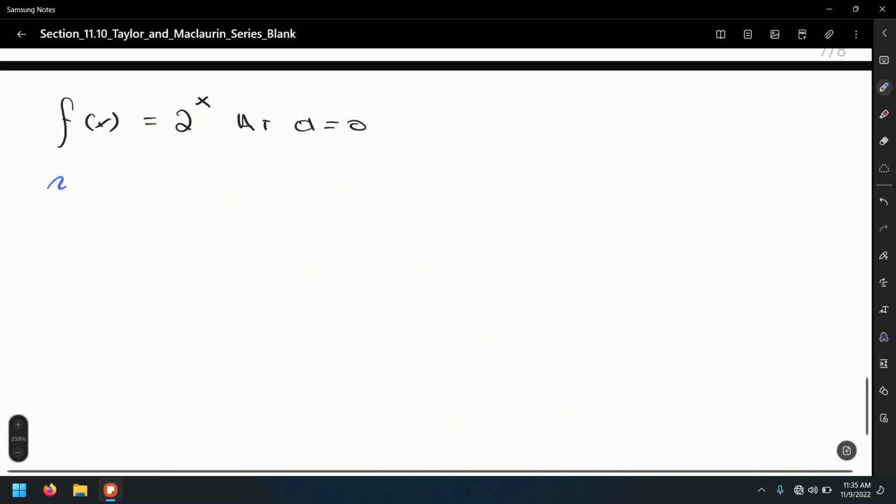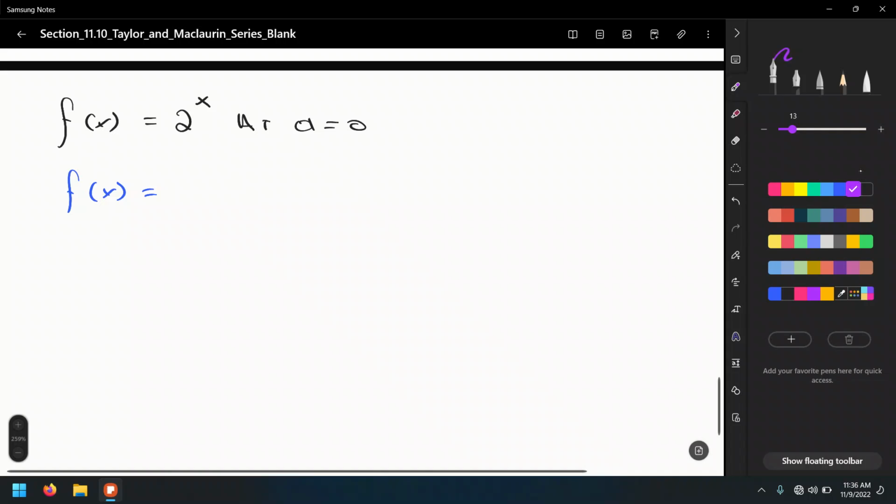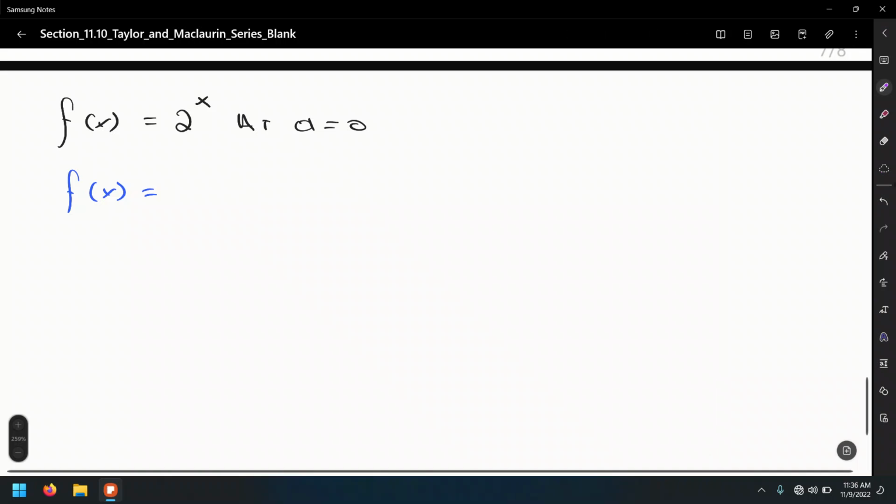And what's the trick? Well, there's something we need to recall from pre-calculus: the inverse properties between natural logs and exponentials. The inverse or composition properties, which we use to solve exponential equations and logarithmic equations.